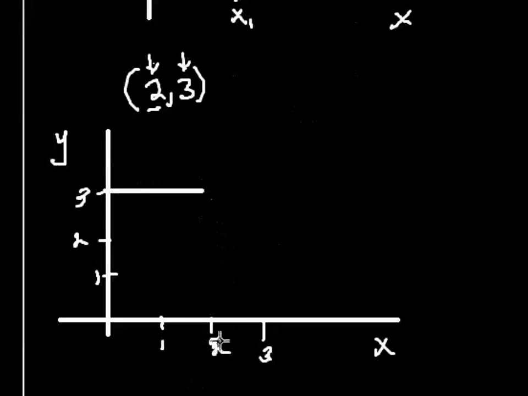So please take note of that. So the coordinate of this point is simply going to be 2 for the x, then comma 3, which is for the y. So that is the coordinate system. I hope you understand that.